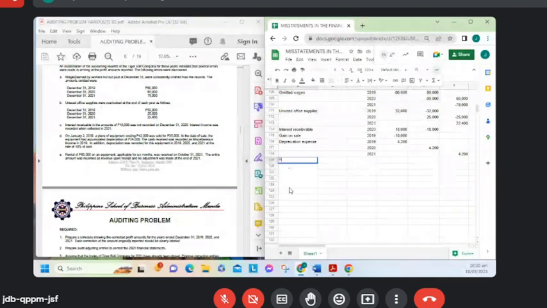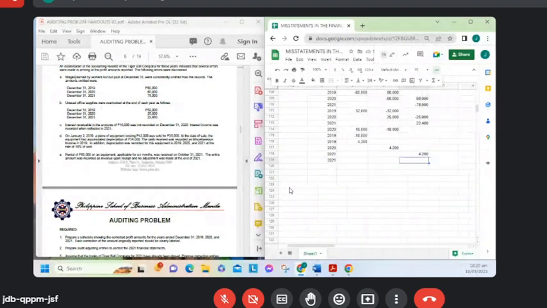So rental income in 2021, there is an overstatement of, so the 60,000 should be spread over 6 months, from October 31 to December 31. So only 2 months supposedly yung earned, di ba?